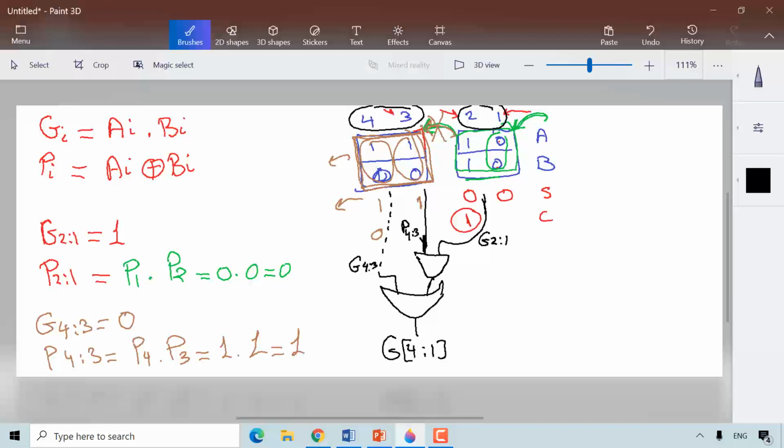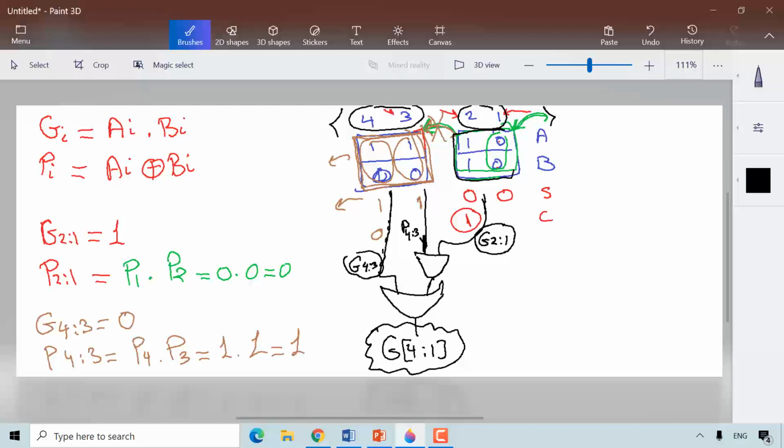So let's review. I can generate this carry for the entire range of bits from 4 all the way to bit 1 if I can generate a carry between bits 4 and 3, or I have a generated carry from the previous bits, which is 2 to 1, and I was able to propagate it.